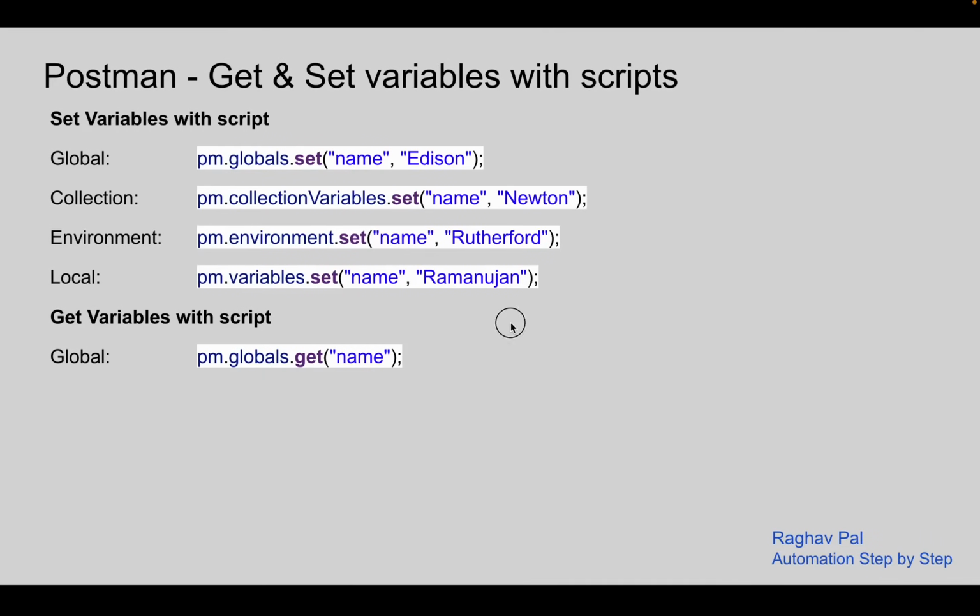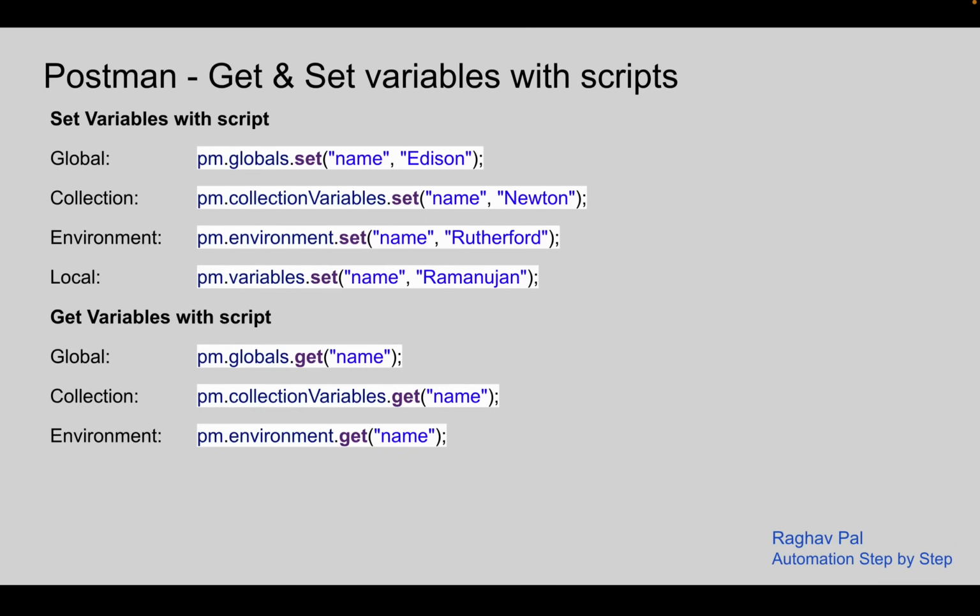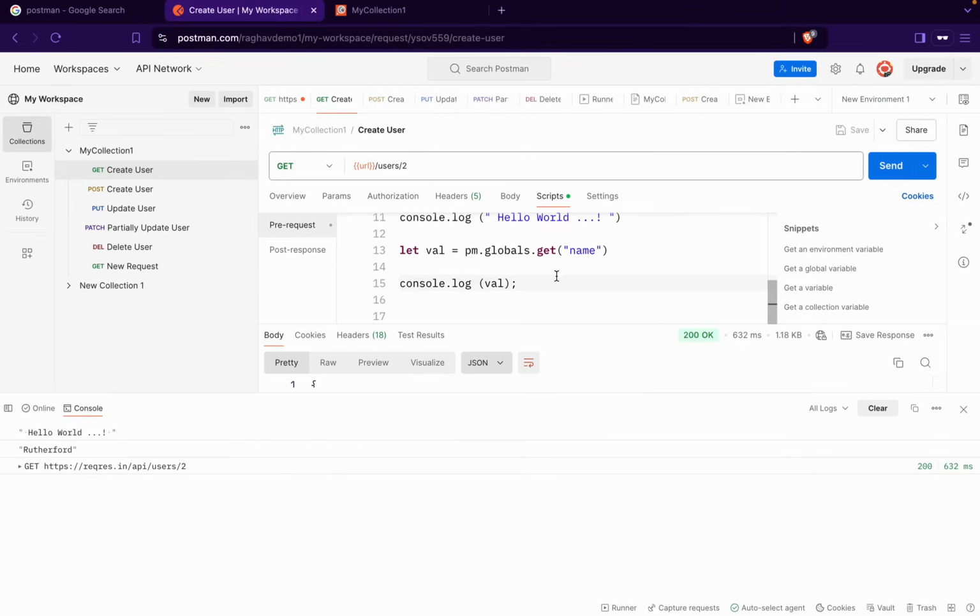Okay, similarly for collection variables, you can say pm.collectionVariables.get. For environment we can say this. So let me show you.